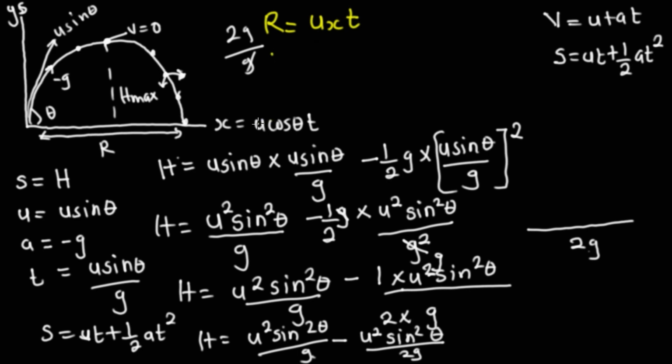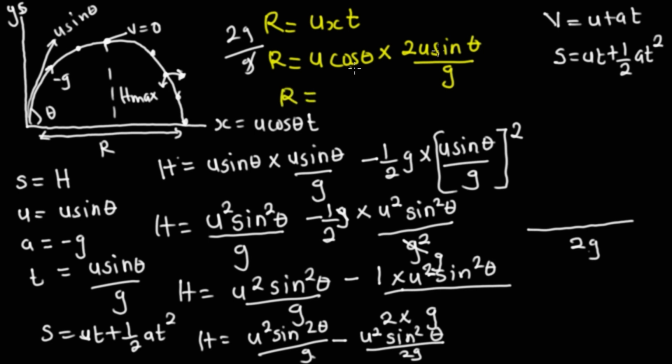The t here is the total time, 2u sine theta over g. Then we do a multiplication, an expansion.